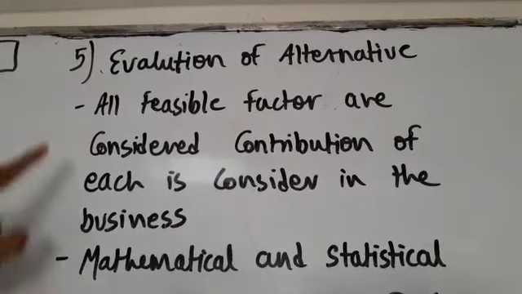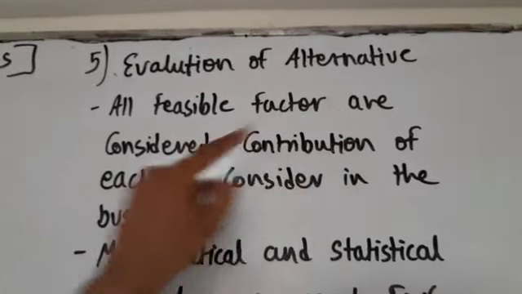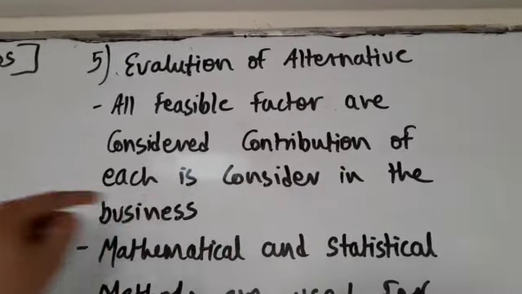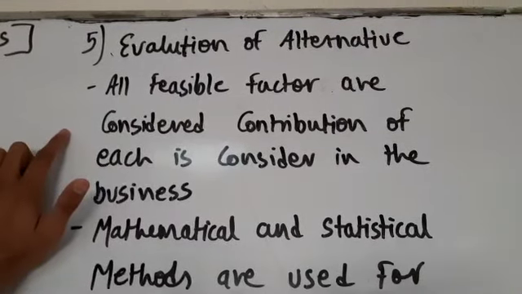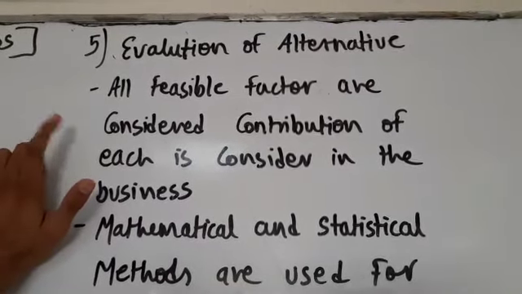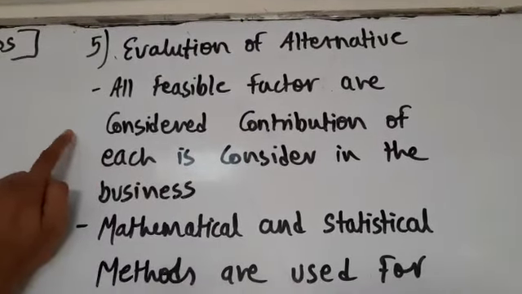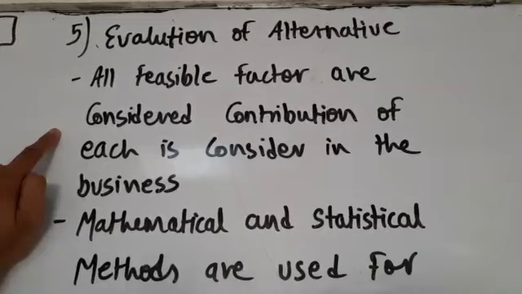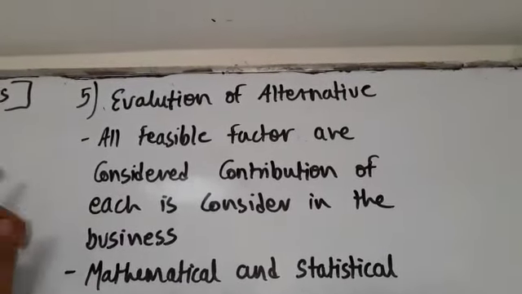How to check them? All feasible factors are considered. Contribution of each is considered in the business. We have to see all feasible factors, those factors which affect our business, all those factors are considered. After considering all those factors, we are evaluating the alternatives. How can we evaluate?